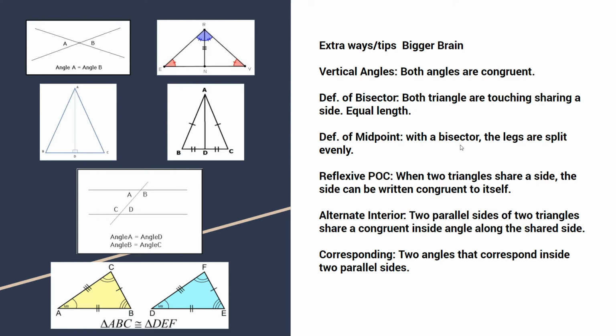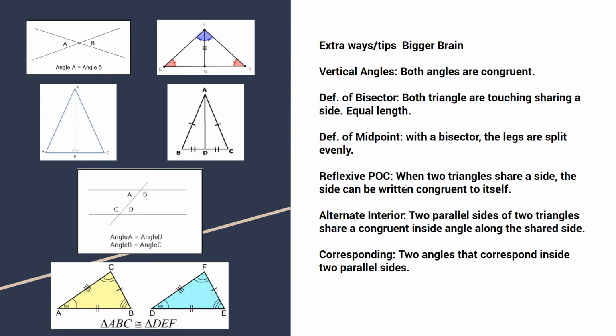Definition of midpoint. With a bisector, the legs are split evenly. The line that puts the two triangles together is basically a midpoint for both sides, so this side is congruent to that side. It's that simple.